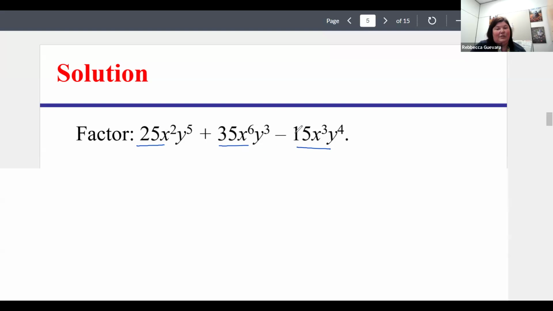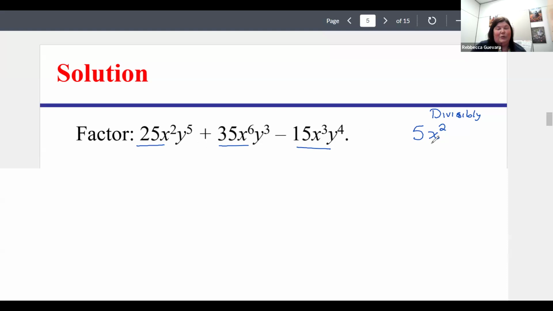We know all these numbers are divisible by 5. We also see that we have an x; everything's divisible by an x. So we want to figure out the maximum power of x I can divide everything by. Here I could divide by x cubed, x to the 6th, and x squared, so all of them are divisible by at least x squared.